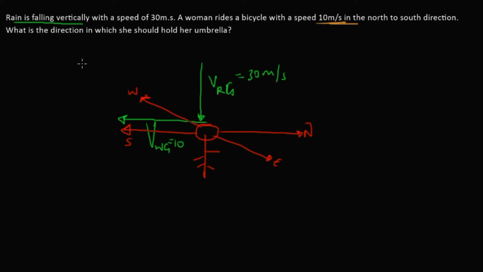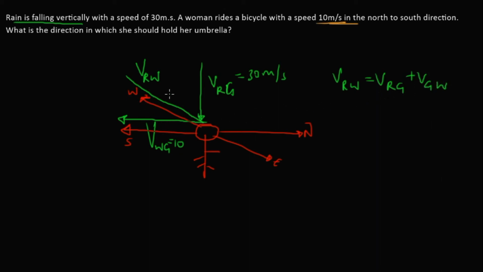Now the question says, what is the direction in which she should hold her umbrella? The direction in which you hold your umbrella is the resultant of this vector, and that's the velocity of the rain to the woman. Because the velocity of the rain to the woman is the velocity of the rain to the ground plus the velocity of the ground to the woman.